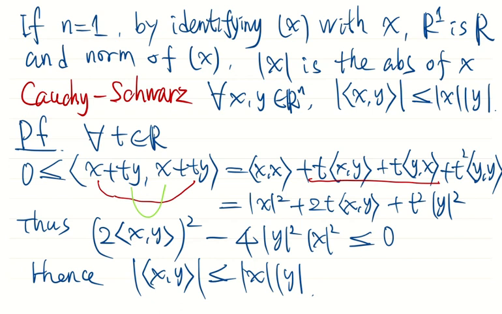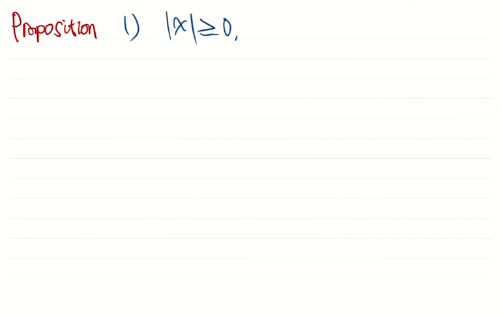Using the Cauchy-Schwarz inequality, we can discuss some basic properties of the norm. Proposition. Firstly, for any x in Rn, the norm is non-negative, and the norm is 0 if and only if x is the 0 element in Rn.